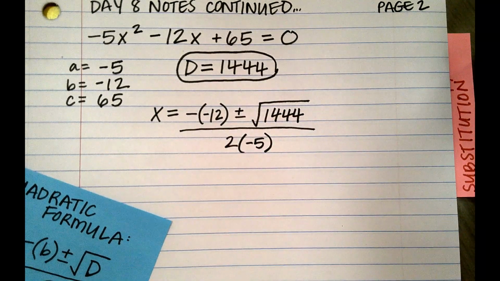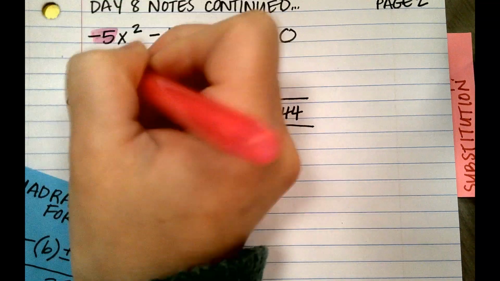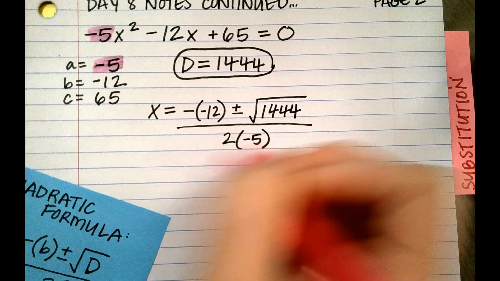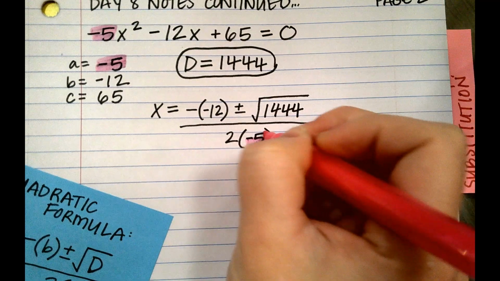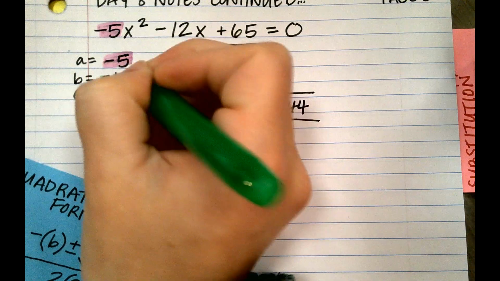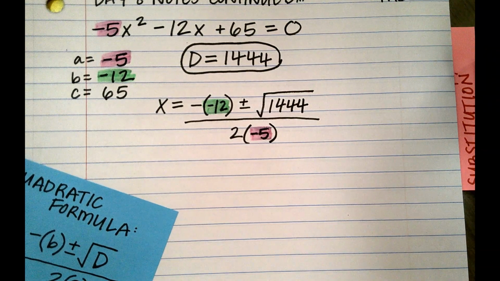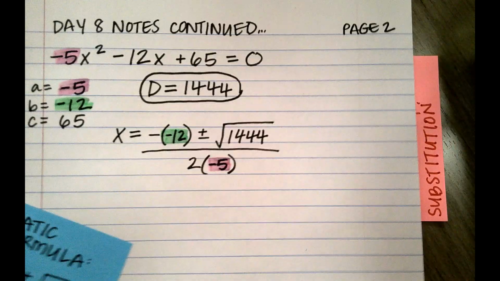And I'm going to do a little bit of color coding again because it's going to make it a lot easier for me to look back at later. A here, A here, B green. E we don't actually use unless we're doing the discriminant or if we're using the longer version of the formula.